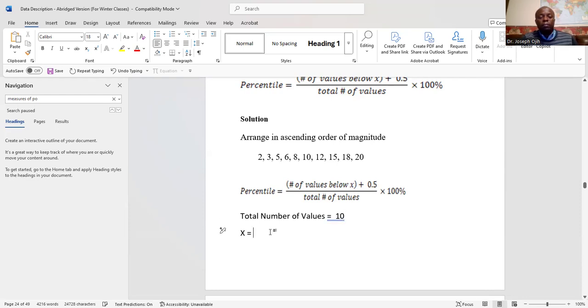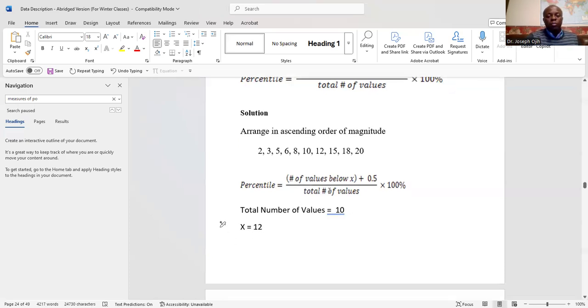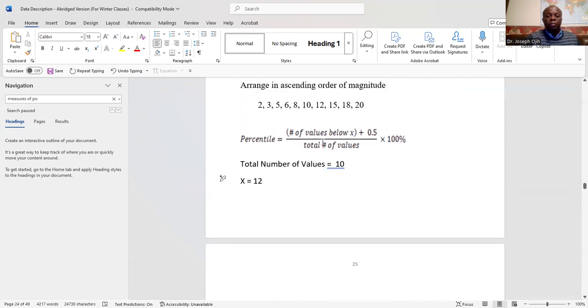So our x is 12, because our x is 12. The number of values below 12 is 6 of them. So let's put this in the formula.